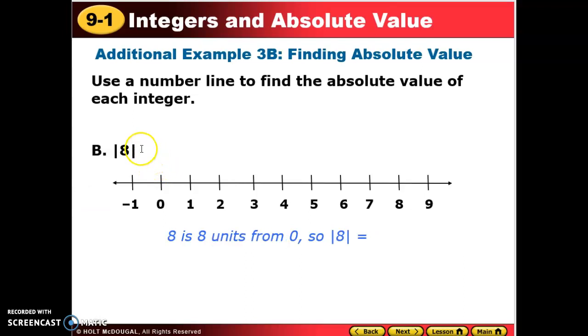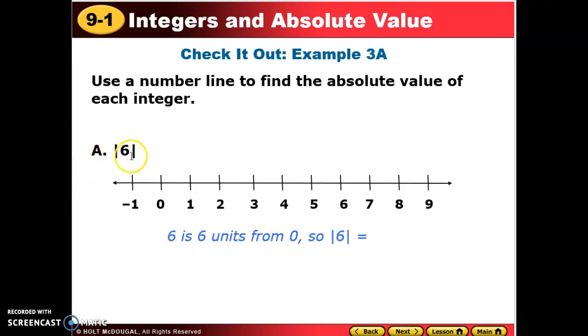Let's do this one. The absolute value of 8, well, it's already a positive, and how many units away from 0 is 8? Well, here's 0, there's 8, so that one's just going to be 8. That's your answer. The absolute value of 6, well, 6 is 6 units from 0, so it is 6.